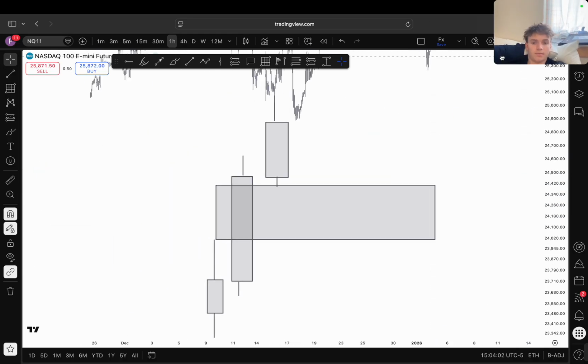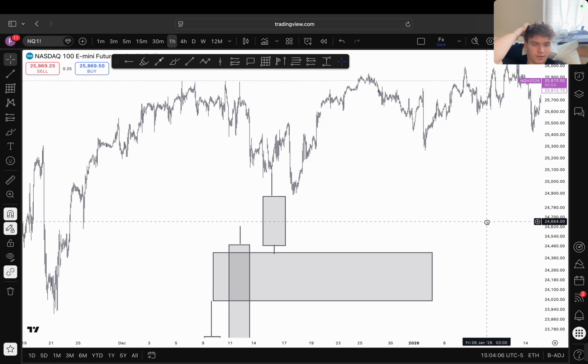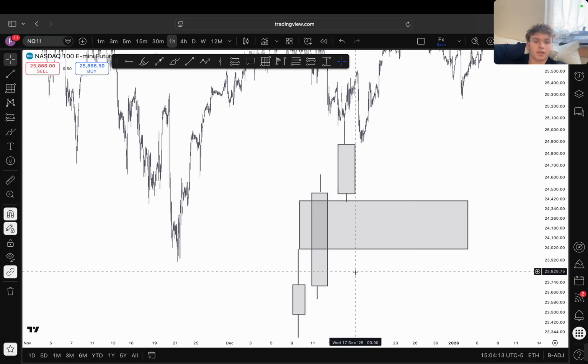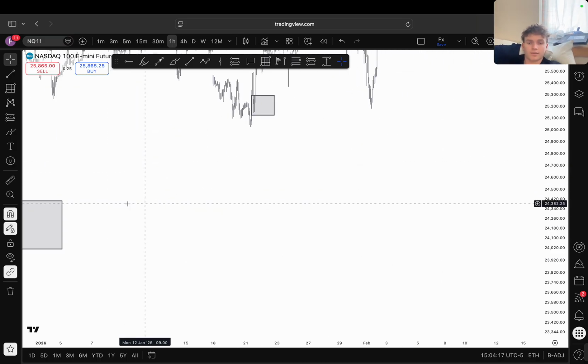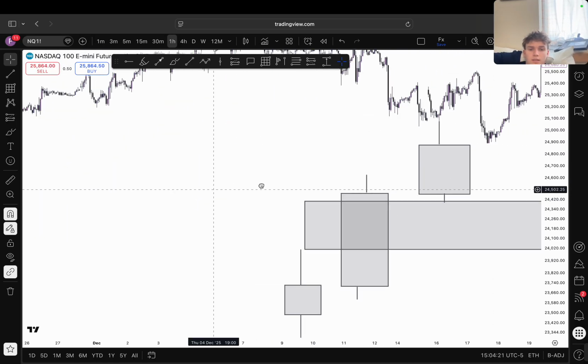And then let me show you an example of an inverse fair value gap. An inverse fair value gap is when the fair value gap gets closed below and then it inverses and switches the direction. So look here, right?